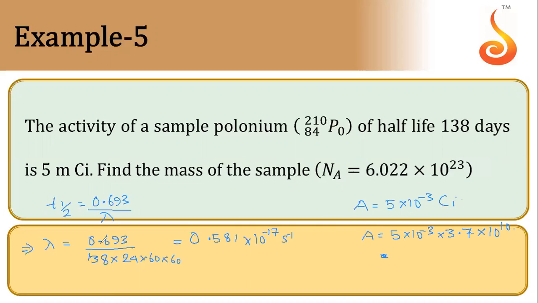So activity and lambda we have been given. We can find the number of nuclei, or number of atoms, present in the sample using the relation: activity equals lambda times N, where N is the number of nuclei.